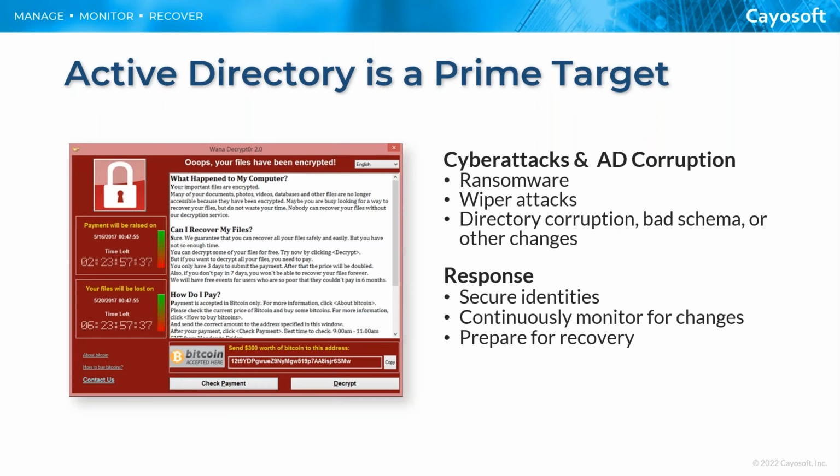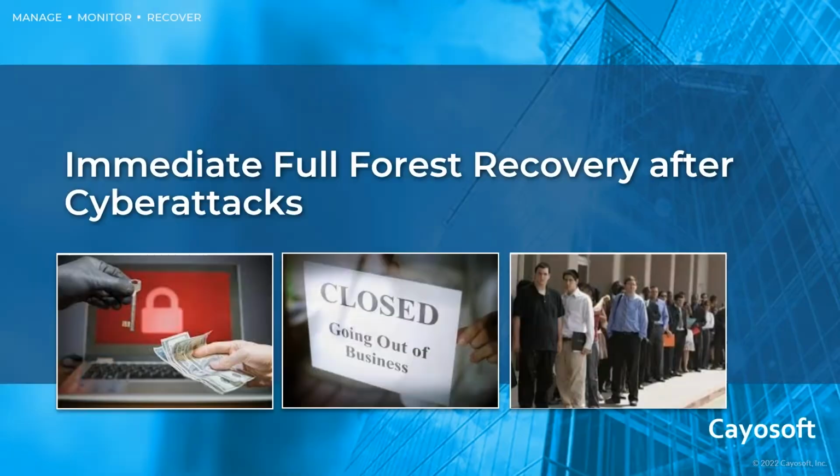Ransomware wiper attacks we talked about, directory corruption, schema problems, those types of things are usually the cause. The response is to secure your identities, use change monitoring as we mentioned, and then prepare for the full forest recovery. It may end up being just a domain controller you want to bring back, could be a domain, could be a partition, could be a full forest. All those fall within one sort of recovery scheme or case set.